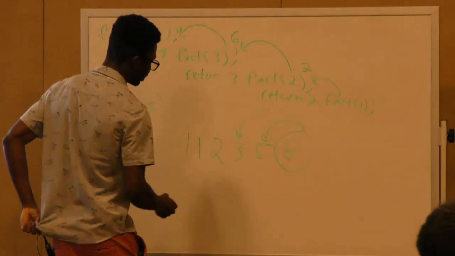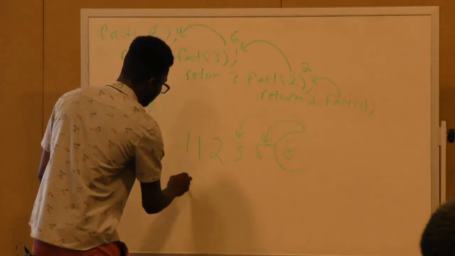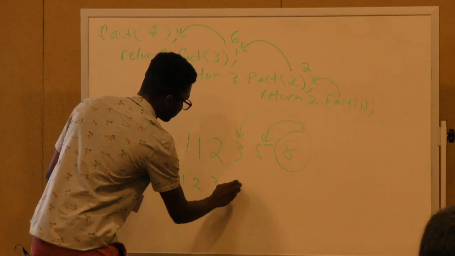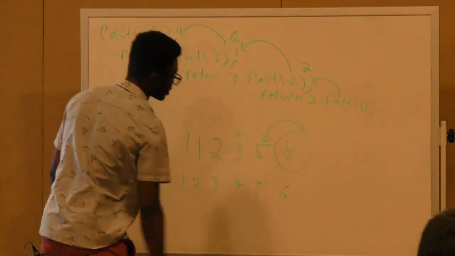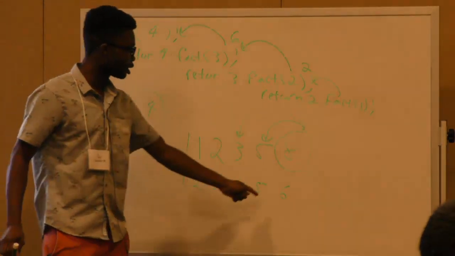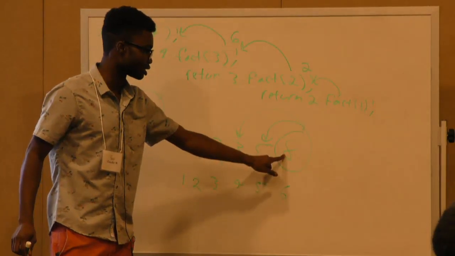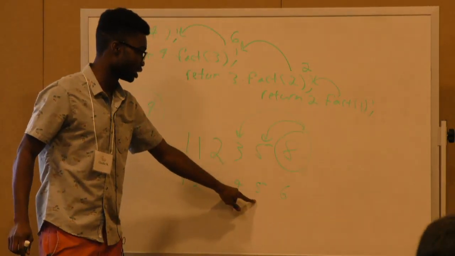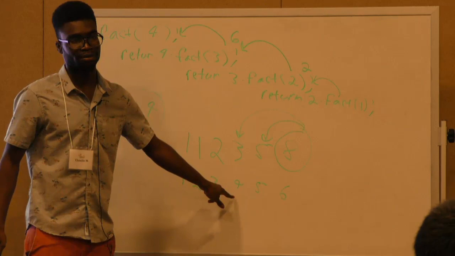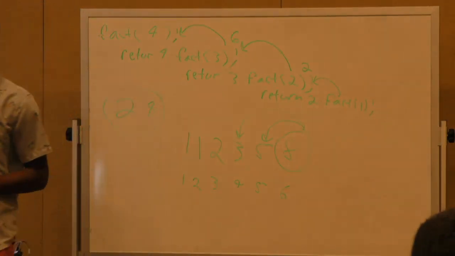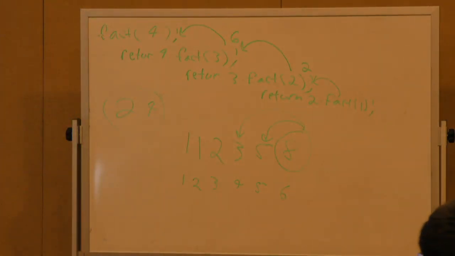So how do we think of this? If you numbered these as 1, 2, 3, 4, 5, 6, and we wanted the 6th Fibonacci number, we would then need to calculate the 5th and the 4th. So instead of saying return n times factorial of n minus 1, we would say return Fibonacci of n minus 1 and Fibonacci of n minus 2.